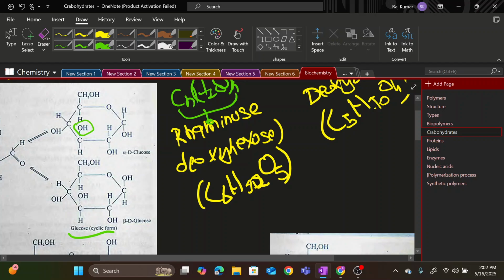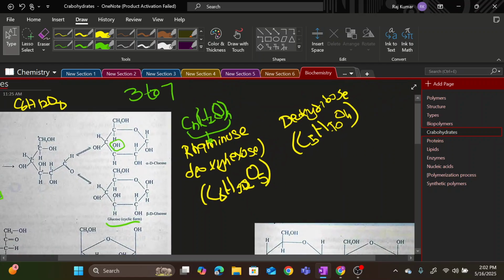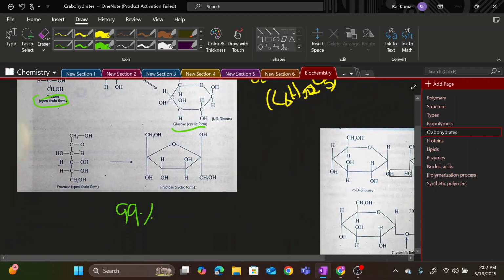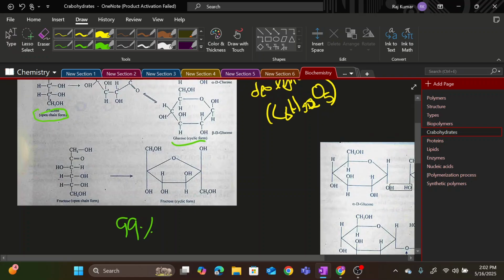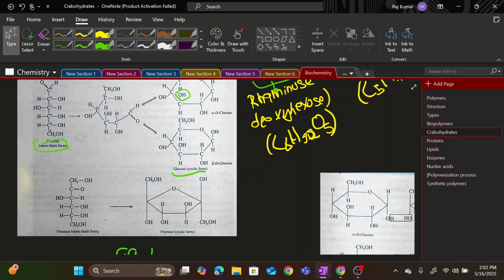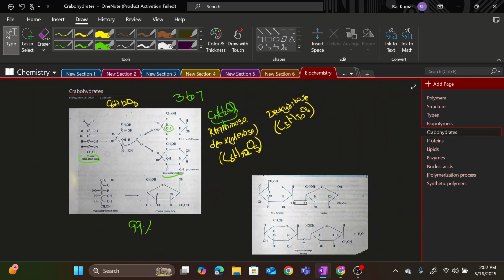But if the OH group is present on the lower side, then it is a beta glucose. So this is an important thing.